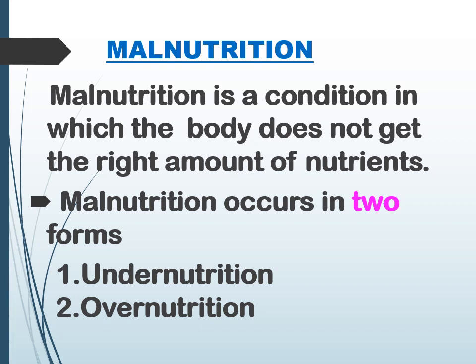And this malnutrition occurs in two forms: undernutrition and overnutrition. So malnutrition means if a person does not get the right amount of nutrients, that particular person suffers from malnutrition.